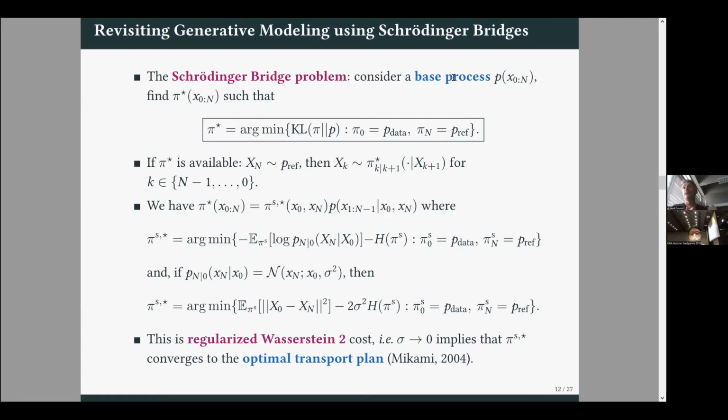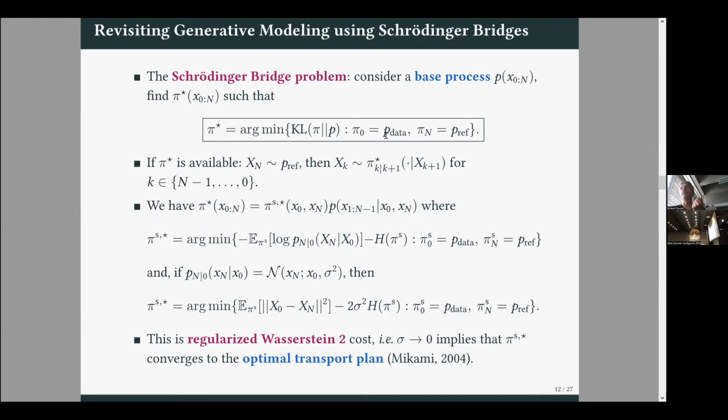Now what I'm interested in is finding a distribution pi on the same path space, a distribution of x0, x1, x2, up to xn, which minimizes the KL divergence between pi and p, the Kullback-Leibler divergence, subject to the marginal at time 0 of pi, which I denote pi naught.